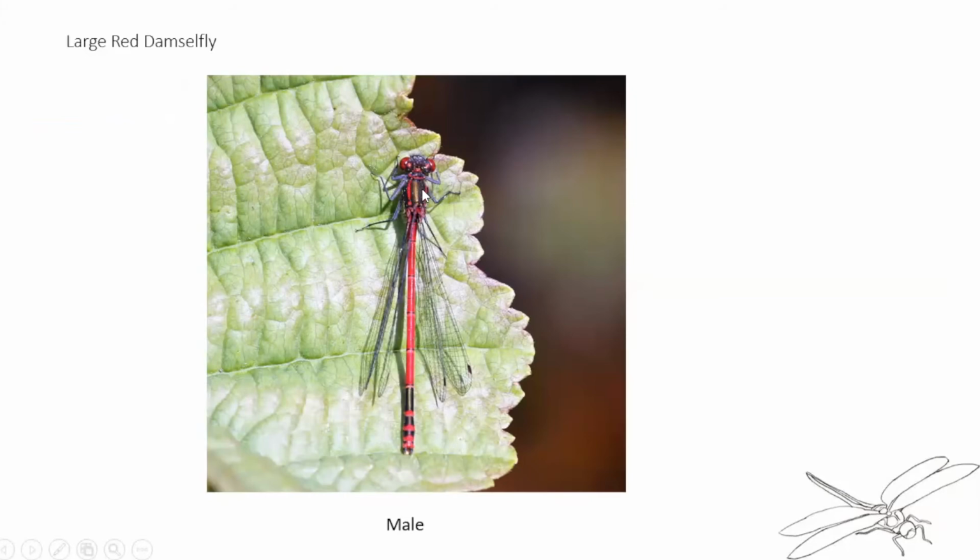The female, which I haven't shown, simply for the reason there are 3 morphed versions of it. So you can get one that looks similar, but with more black in the body. They tend to have more black up here. And then it's got yellowy marks in here.